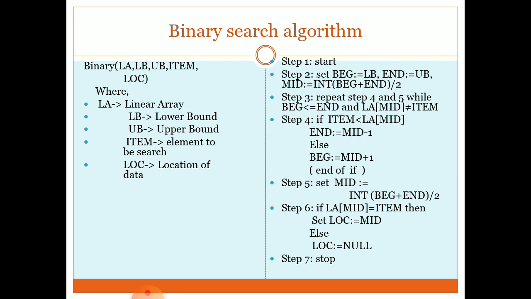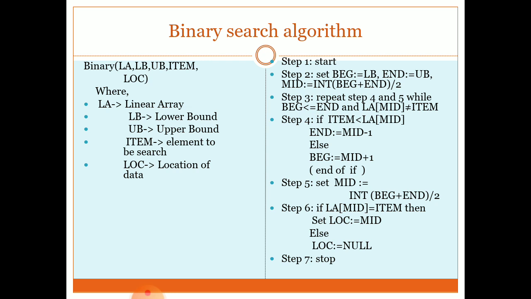Clear? So now see in the algorithm, with the left hand side part, I just described the name of the algorithm and some keywords. So Binary is the name of my algorithm, which consists of LA, LB, UB, item and loc, where LA is nothing but what? It's a linear array.